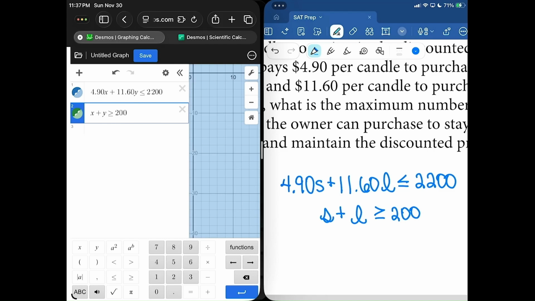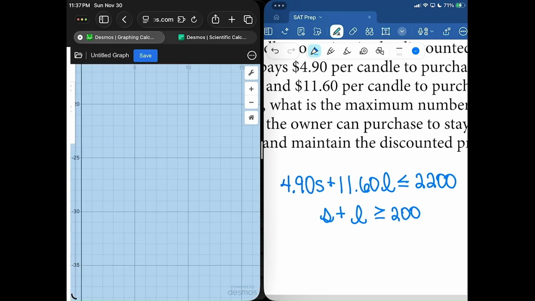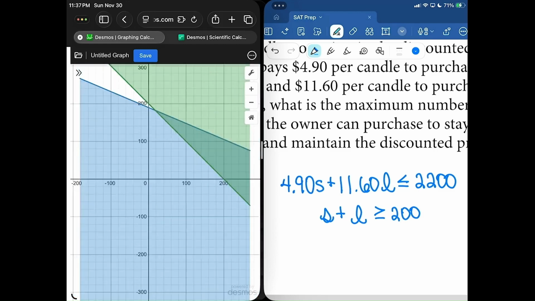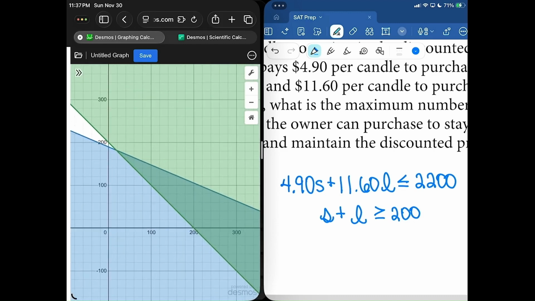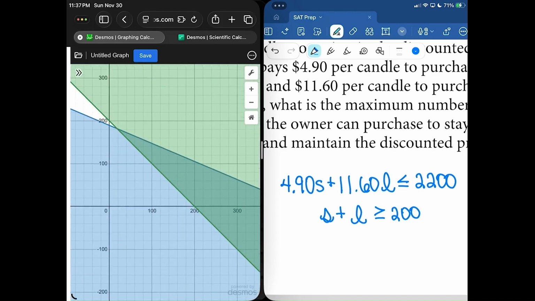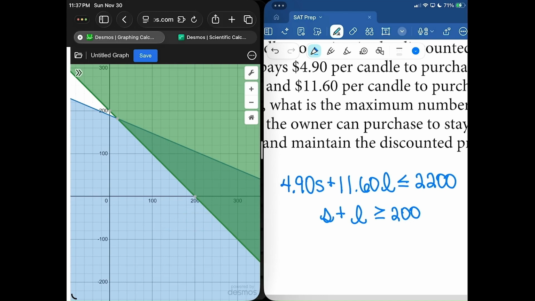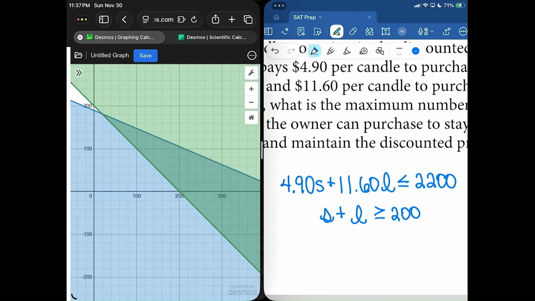So now that we have our inequalities typed into Desmos, let's take a look at the solution and determine how we figure out what the maximum number is. Okay, so here what we're going to be looking for is the overlapping region. So you can see this light part on the top, you can see the blue part on the bottom, and you can see the overlapping part between the two of them.